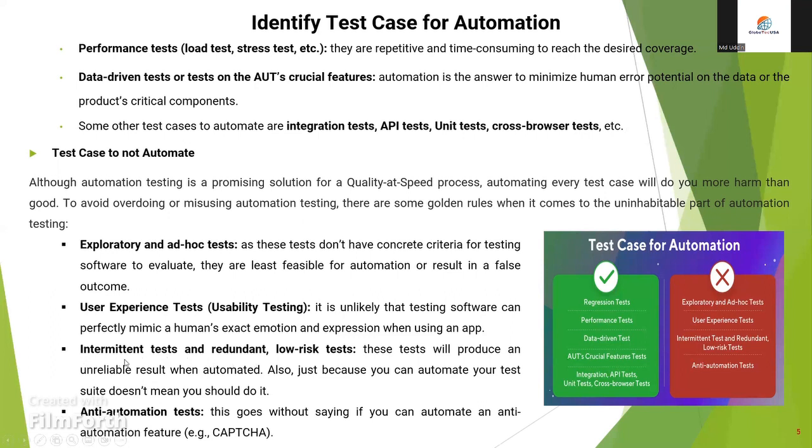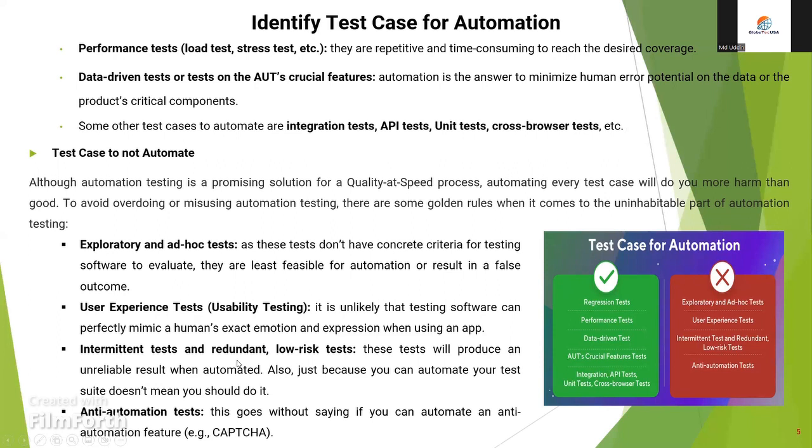Intermittent tests and redundant low-risk tests. These tests will produce unreliable results when automated. Also, just because you can automate your test suite doesn't mean you should. Some tests are redundant, meaning repeated, or low risk: they do not harm your business or any other functionality, or the functionality is not used by users very much.